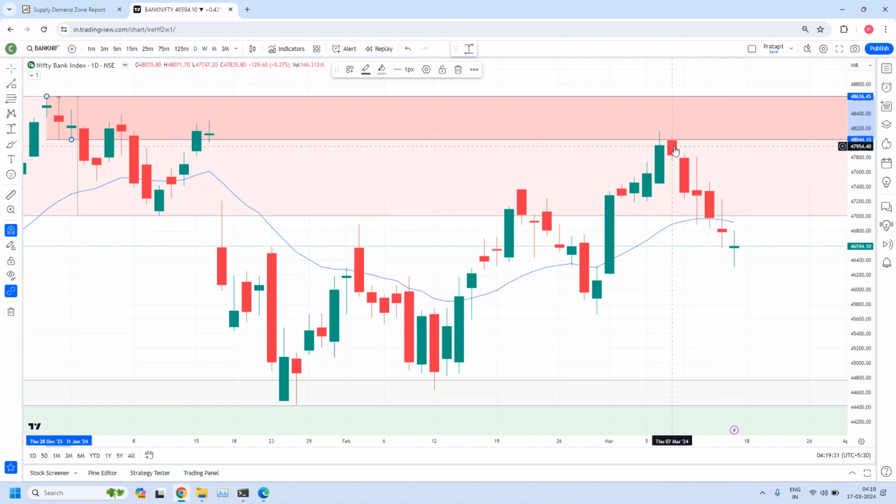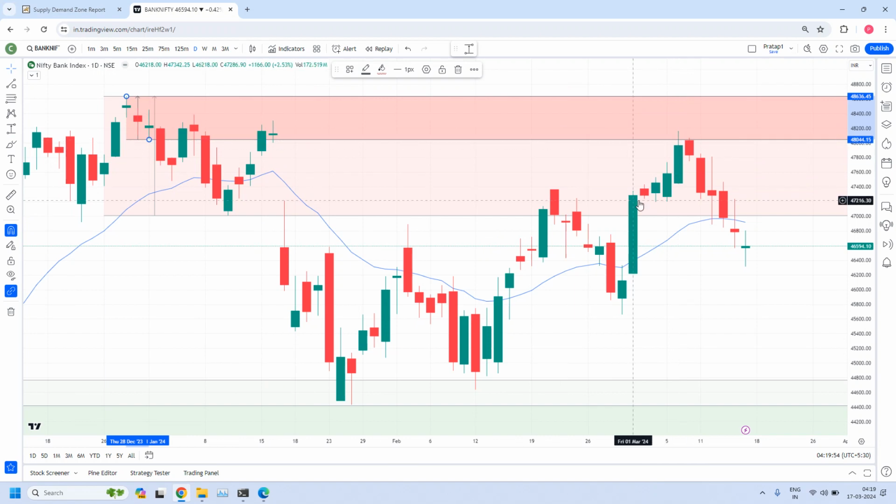See here, compared to this close, the next day's close is low, the next day's close is low, even the next day's close is low. The entire week, during the last 6 trading sessions, after it reached into the zone. So it's a very good short trade, the high liquidity zone. Swing traders would have got a very good profit during the last week, whoever took the trade on the 6th.